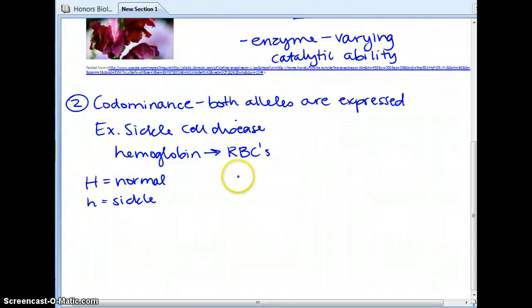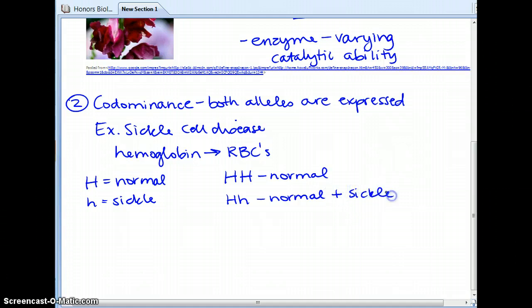So let's go through each of the genotypes that are possible. Homozygous dominant is going to be normal hemoglobin, all normal. The heterozygote, though, contains two different alleles, both of which are expressed. So you're going to have some normal cells plus some sickle cells. And the homozygous recessive is going to be all sickle.